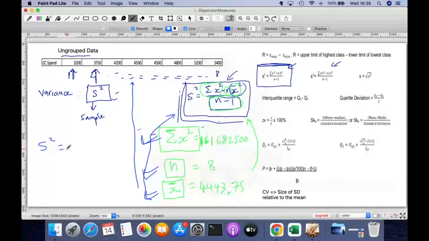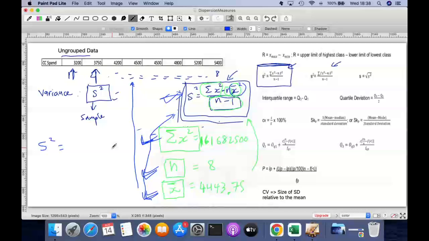But if you want to work it out using the long method, using this formula here, then you need to get each of them, and your calculator is getting all of this based on the data that you captured. And then you feed into the formula.